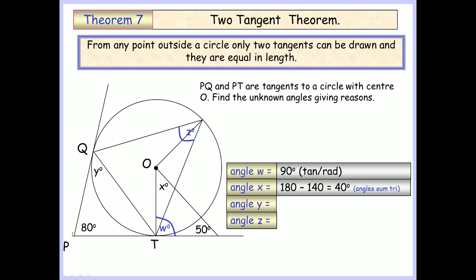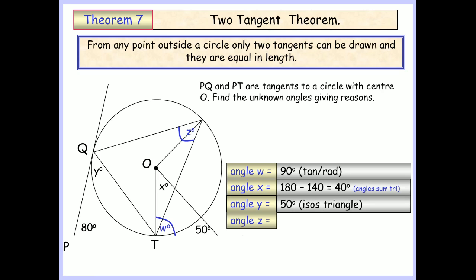So we've got a tangent. We know that PQ and PT are going to be equal, so this is an isosceles triangle. If this is 80 degrees, then y and this angle here must be exactly the same. So we're going to split the 100 degrees left over from a triangle in two ways, and we're going to get that y equals 50. Again, nearly made a hash of it.